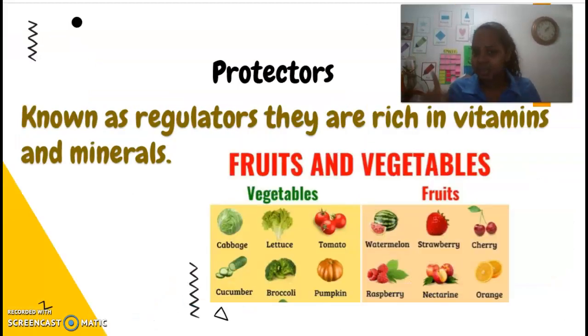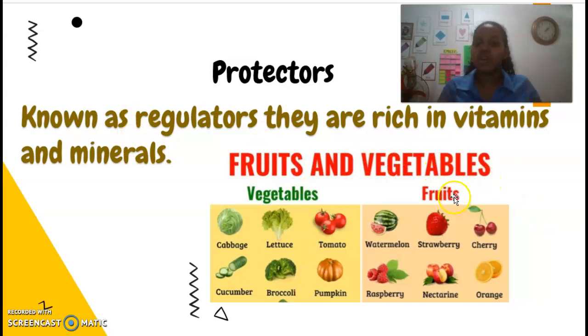Then the last one. The last group of foods are the protectors. The protectors are also known as regulators. They are rich in vitamins and minerals and are divided into fruits and vegetables.